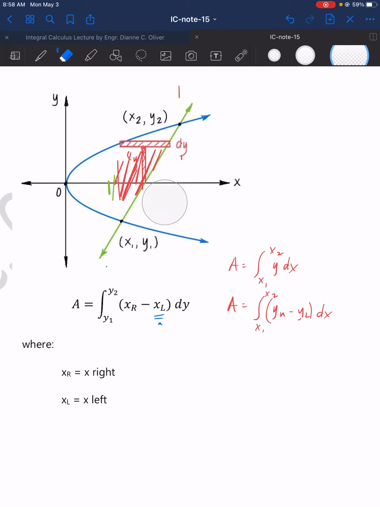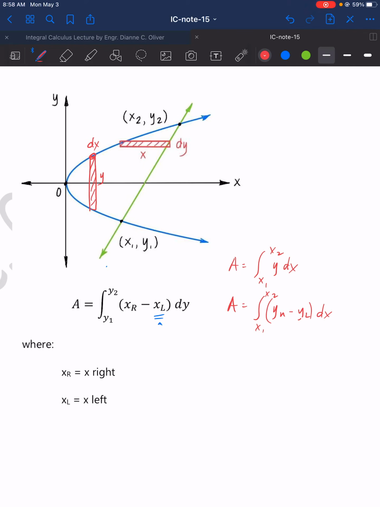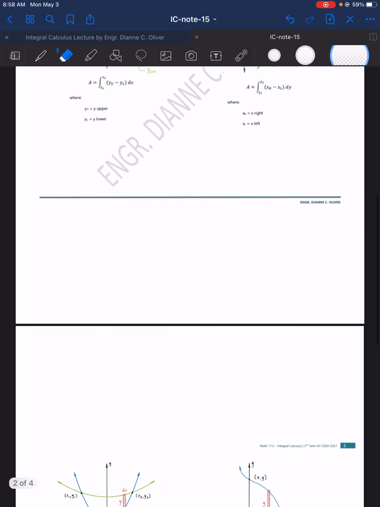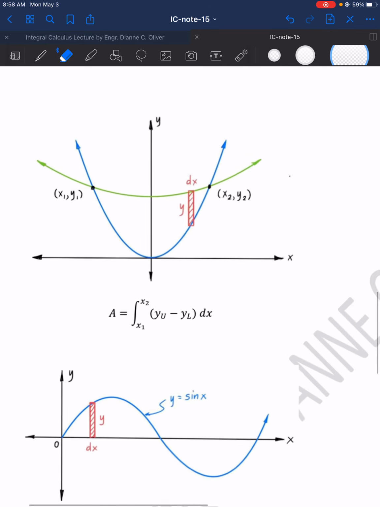Now if we try to get that using vertical area strip, so y dx, therefore it touches again the boundary on 2 points, and the resulting area will become again 0. So let's stick with the horizontal area strip. Let's go to the other figures.